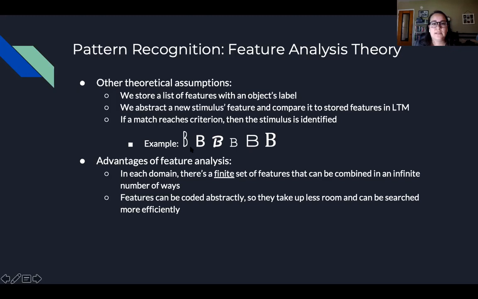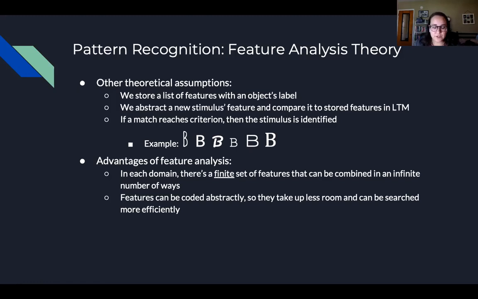So it's not like there are endless features to keep track of, like is the case for template theory and even for prototype theory. Each of these sets is pretty limited. There's only maybe a couple of features, at least in the case of letters.